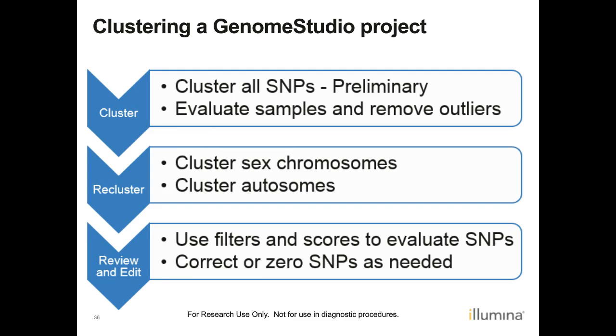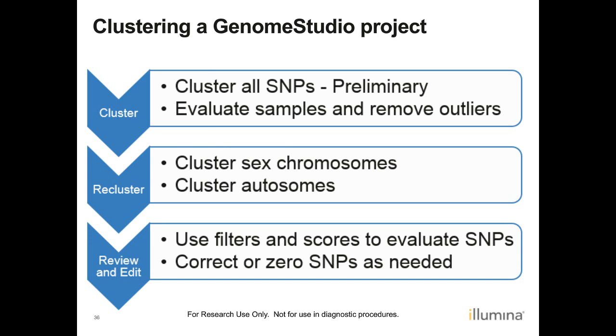So in GenomeStudio, when you cluster the project, start with doing a preliminary clustering of all SNPs. And then you're going to evaluate the samples and remove any outliers, any samples that show poor call rates or abnormal performance relative to the majority of the samples in the project.